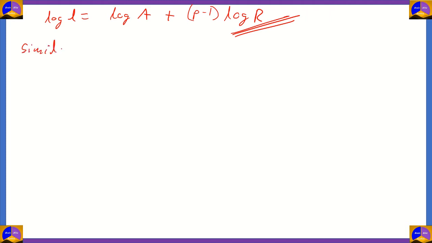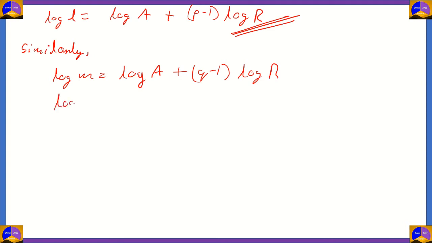So you can write similarly log M. Since M is the qth term, it will be log a plus q minus 1 times log r. And for log N, it will be log a plus r minus 1 times log r, because in this case N is the rth term of the geometric progression.